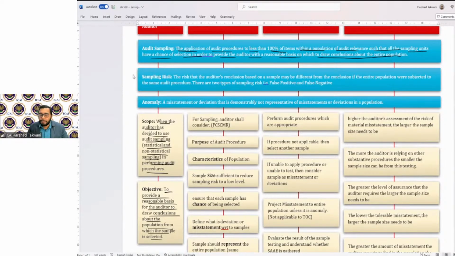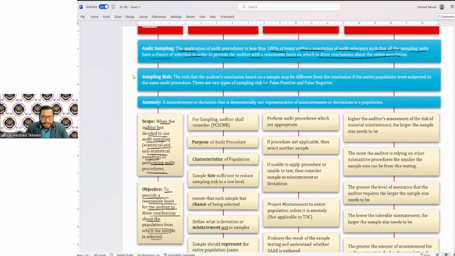Obviously, if you have selected certain items, those are the audit samples, and that will be less than 100%. Whenever we select a sample, we select it in such a way that all these sampling units have a chance of selection.